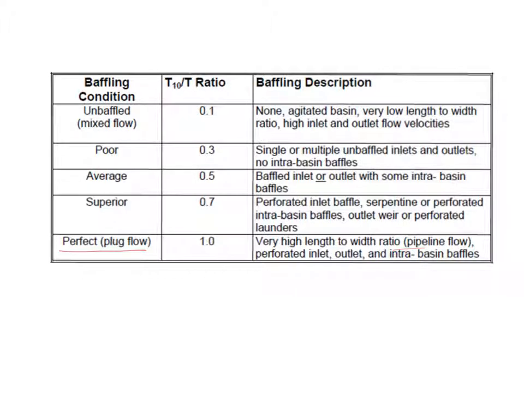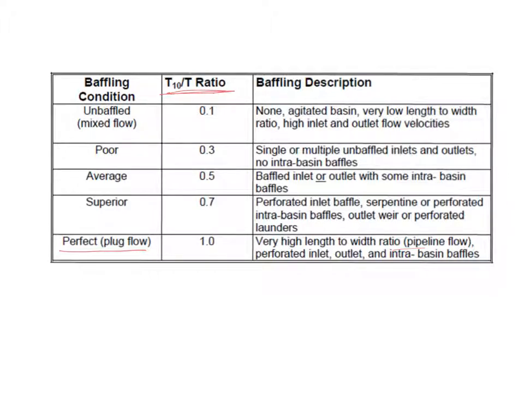What we see there is this ratio is 1, and that's T10 divided by T. What that means is the time it would take for 10% of a pulse input to exit the tank divided by the total amount of time for all of the pulse input to exit the tank.